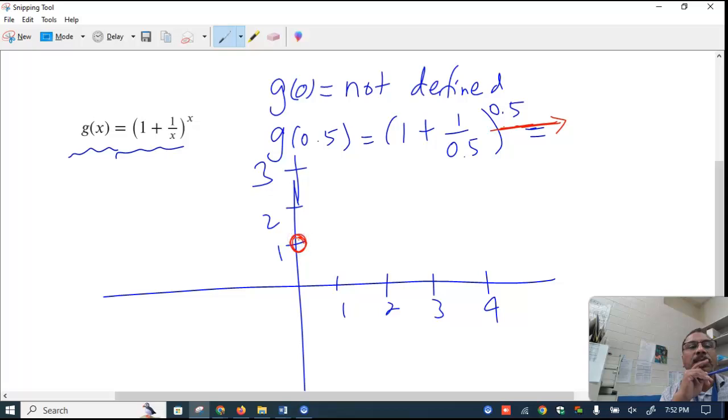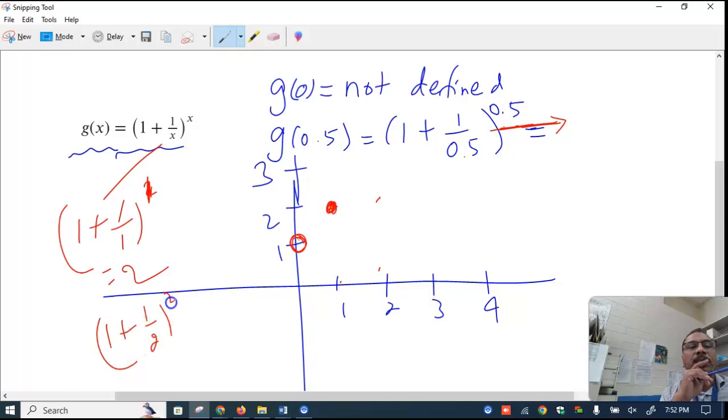And if I put a 1 here, 1 plus 1 over 1, that becomes 2. So this will be 2 like this. If I put 1 plus 1 over 2 raised to 2, that becomes 1.5 squared, which is 2.25. And 2.5 will be somewhere here.